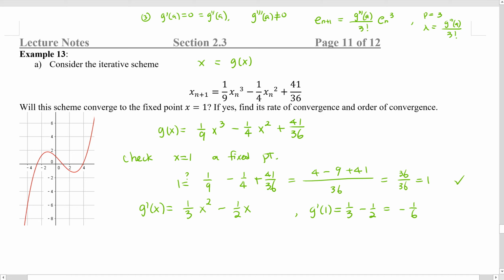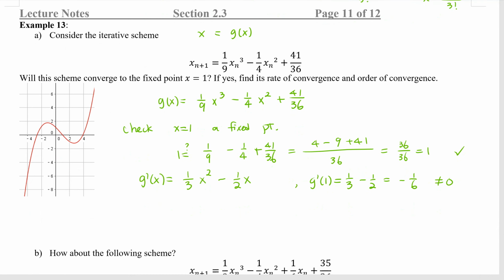Okay, so because this is not 0, when n goes to infinity, we get x_{n+1} minus a is approximately equal to g prime of a times x_n minus a, right?